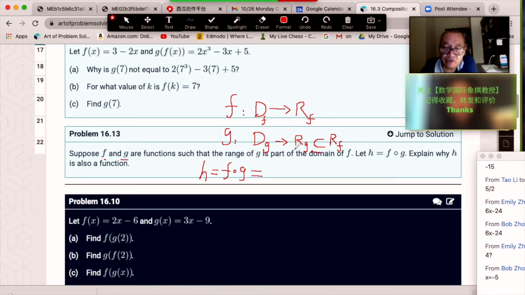This range of g is part of the domain of f. Did I say that right? That's wrong. Okay, this one is part of the domain, so that's belong to the Df. Belong to Df.